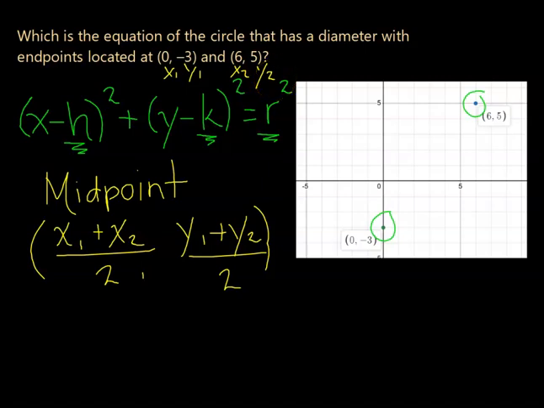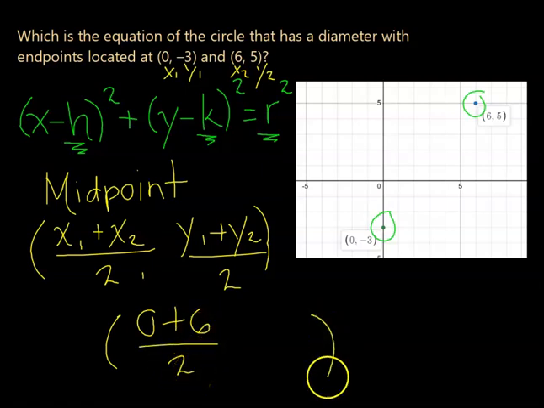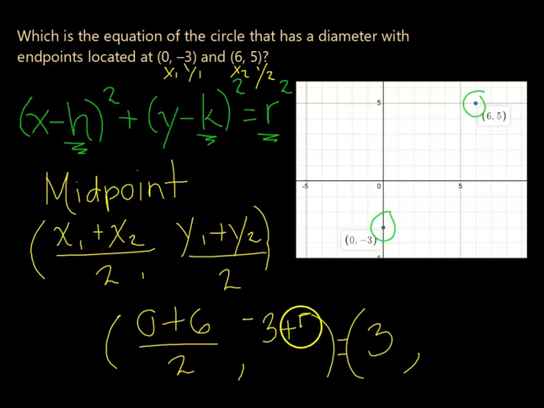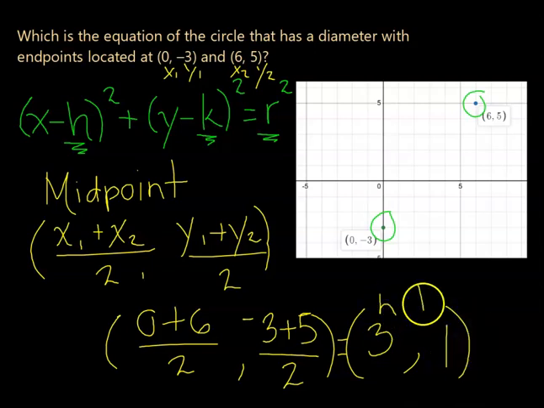So substituting in these values, I'll get 0 plus 6, add that up, divide by 2, and that'll give me 3. And negative 3 plus 5, which would give me 2, divided by 2 would be 1. So my center h and k are 3, 1.